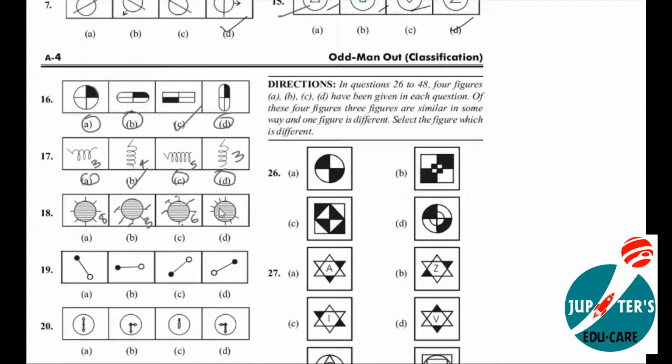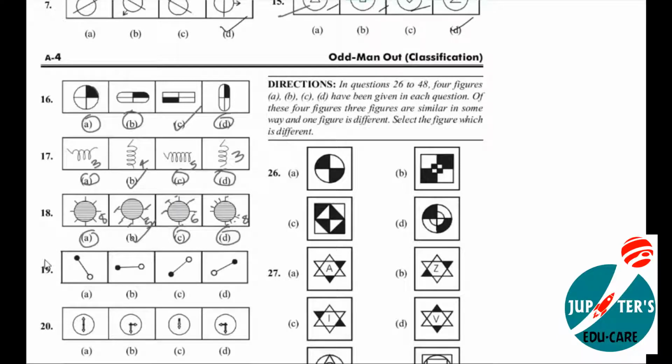In option D, 1 to 8, we have 8 lines. So options A, C and D have an even number of lines, but option B has an odd number of lines, 5 lines. So B is our answer.